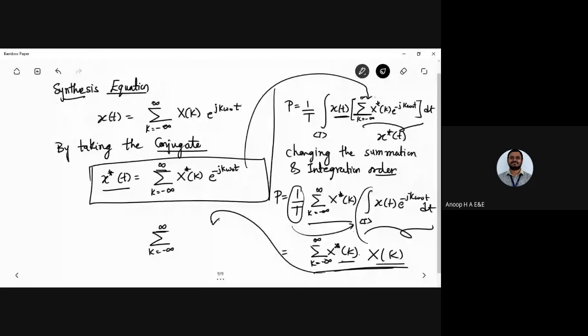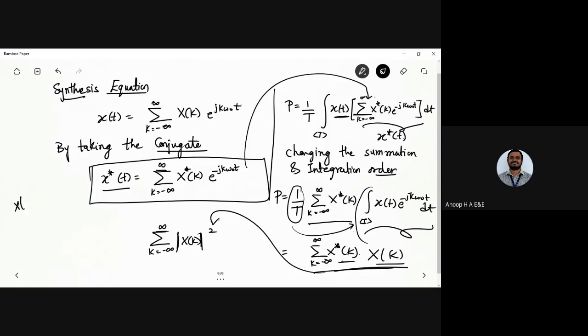So what is its magnitude? You are going to have the squared value of it. This magnitude comes into picture once you take only the amplitude, which is nothing but the modulus of the given function x of k.